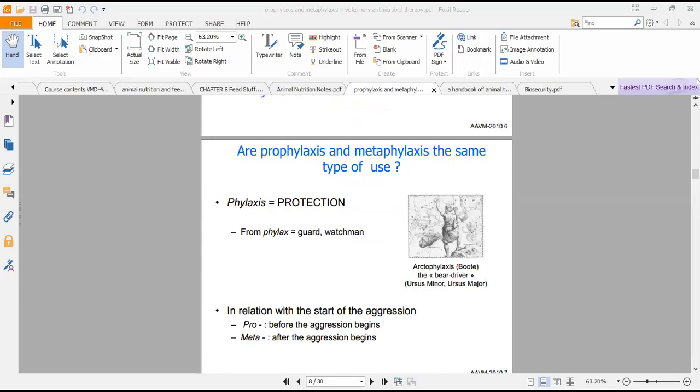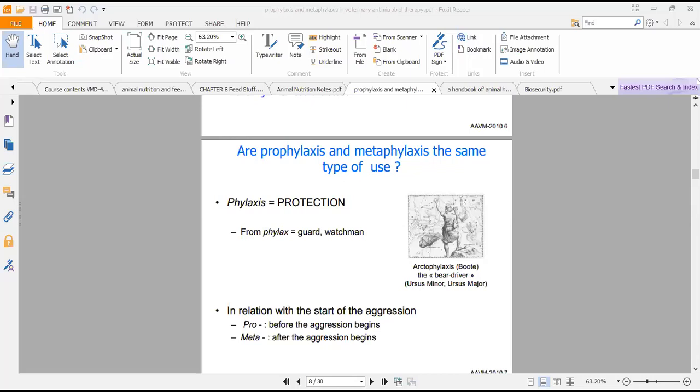So phylaxis means protection. Phylax basically means guard or watchman. In relation to the start of the aggression, before the aggression begins, meaning before the pathogen attacks the animals, we use antibiotics, and this use is called prophylaxis.